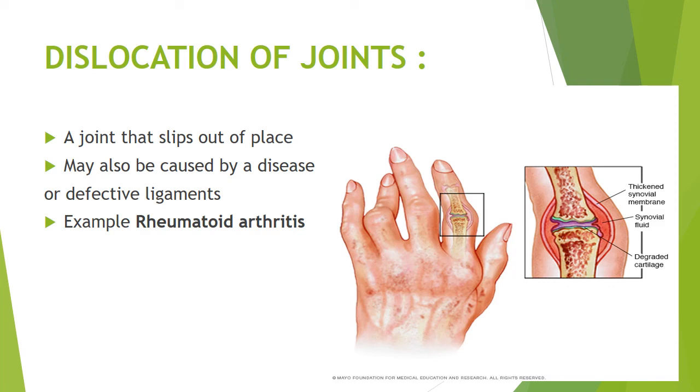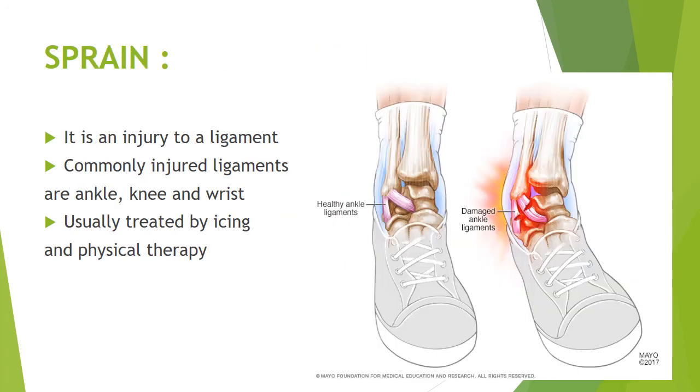And students, if sometimes the ligaments are cut or broken, then the bone becomes unfixed or causes joint dislocation. A dislocated joint can be treated by therapy or by surgery. Basically, a surgery may be needed to repair the ligaments.